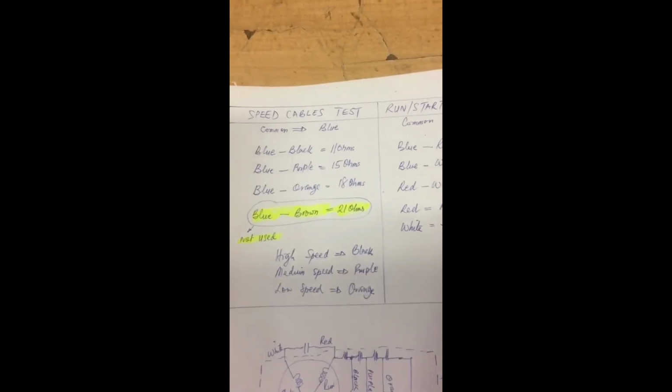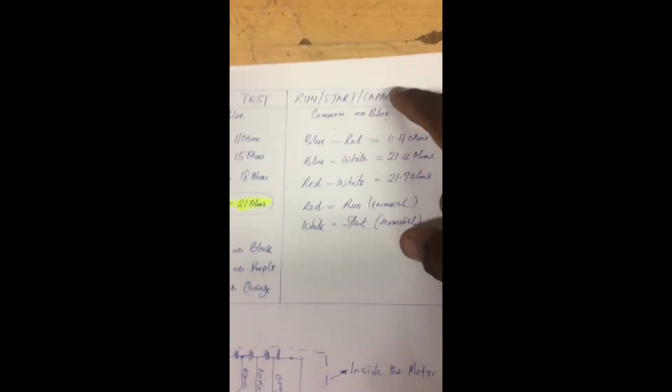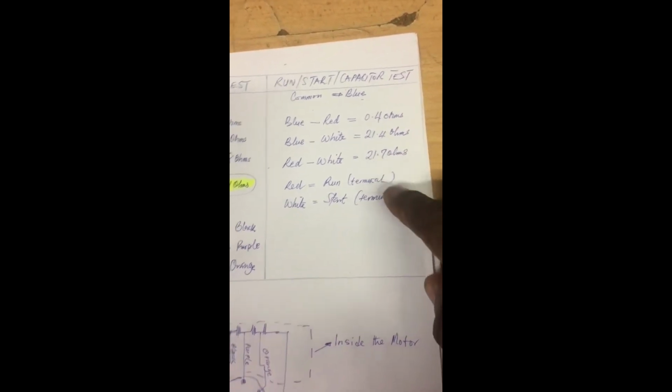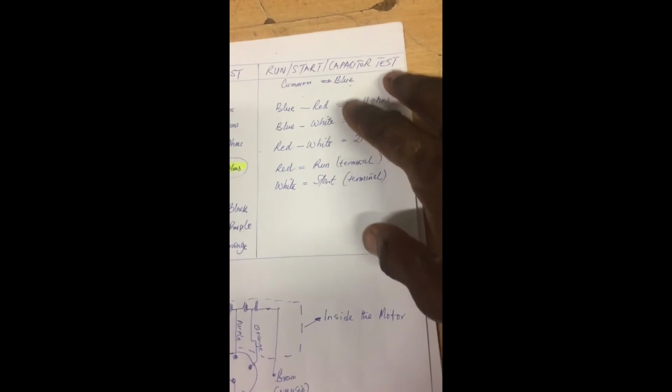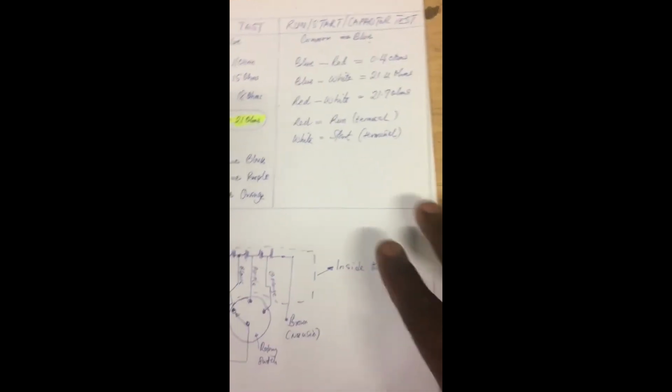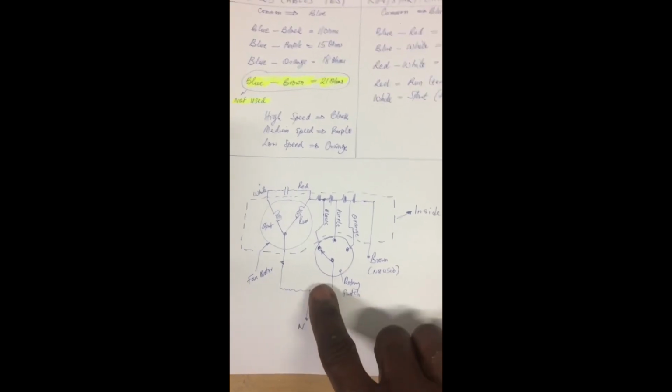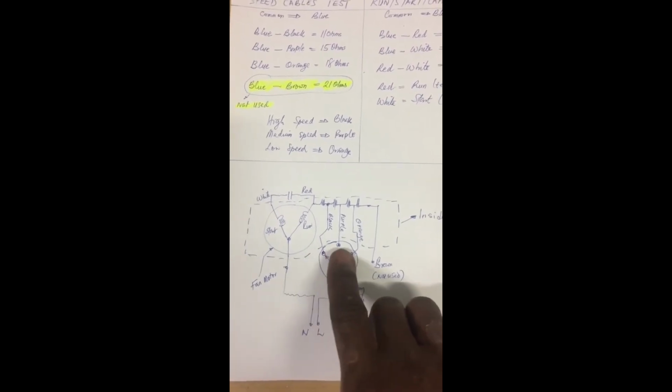Same goes for our test on the run and start terminals. This is how we came to our conclusions. These are the values that we got, and with this analysis, this is the circuit. This is how the internal circuitry of the motor should be.